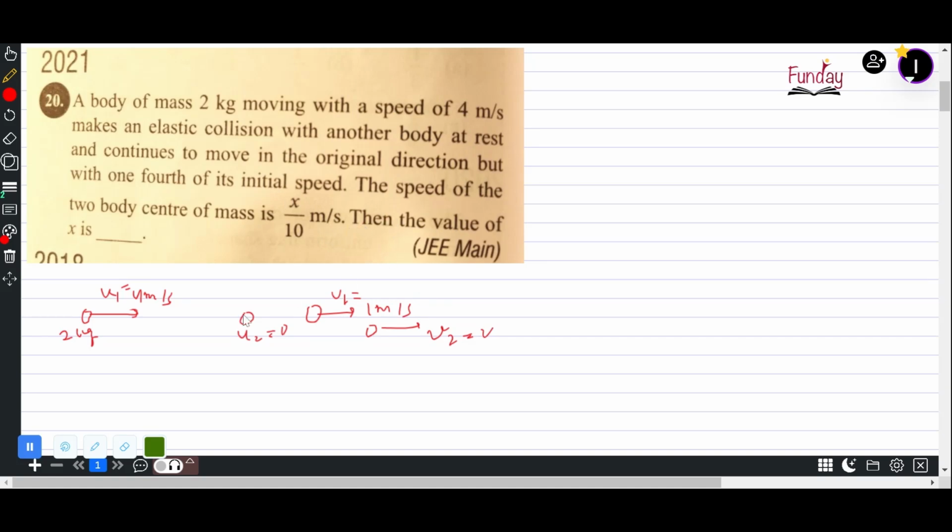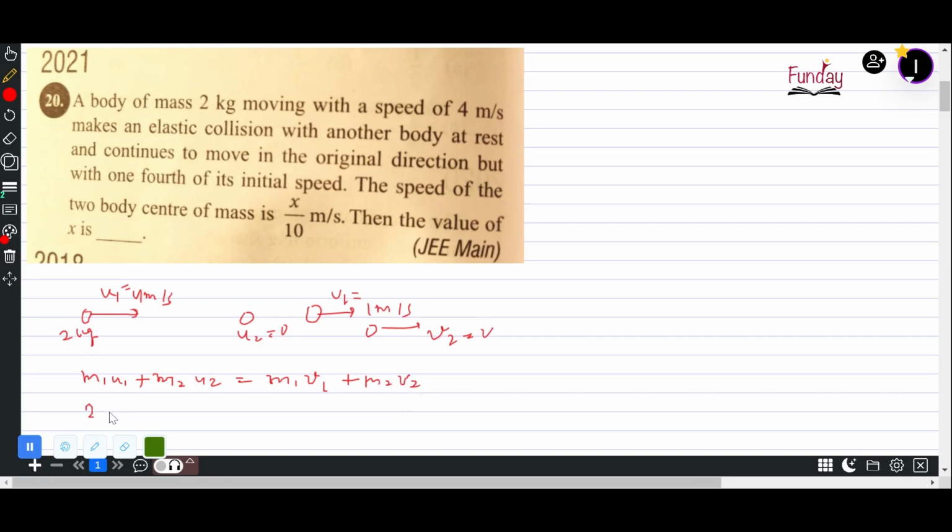So what we'll do is apply the conservation of momentum principle, which is m1 u1 plus m2 u2 is equal to m1 v1 plus m2 v2. So what we get?